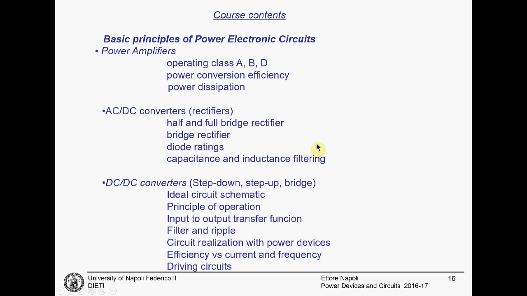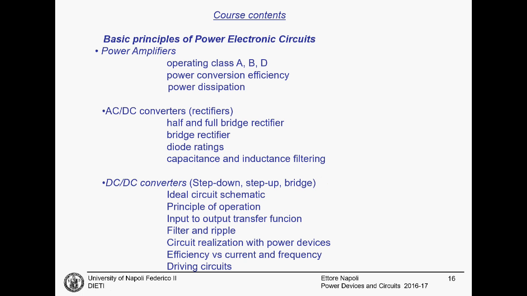Then we will study the AC-DC converters, that are the rectifiers that take an AC, an alternating voltage, and provide an output that is a constant voltage. We will study half and full bridge rectifiers, diode ratings, capacitance and inductance filtering.